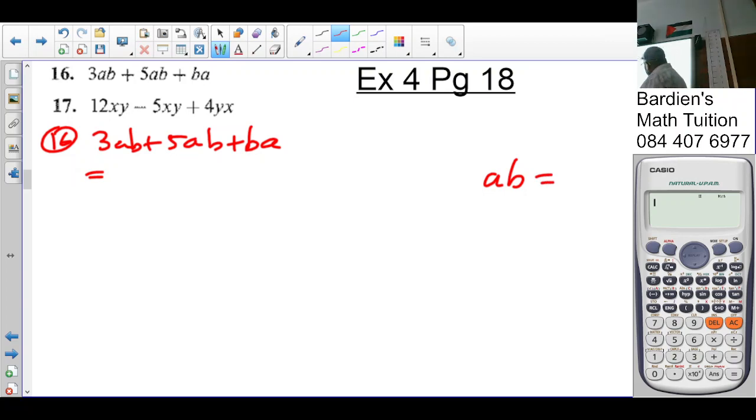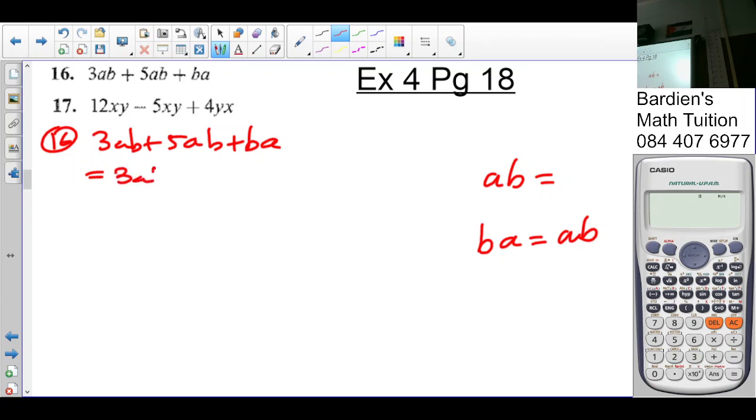BA can also be written as AB. Listen. Relax, Michael. So this, in other words, is going to be 3ab plus 5ab plus ab, which is 9ab. So it's going to be 8ab plus ba, which is 9ab.